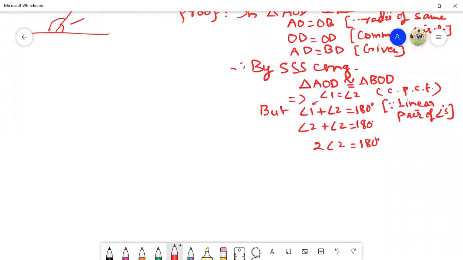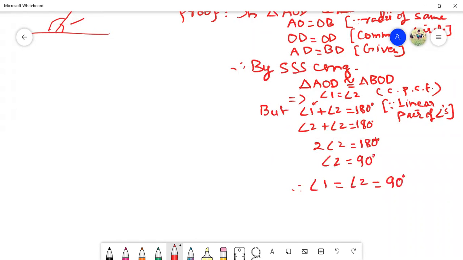So angle 2 is equal to 180 by 2, 90 degree. So each is 90 degree. Therefore angle 1 is equal to angle 2 is equal to 90 degree.